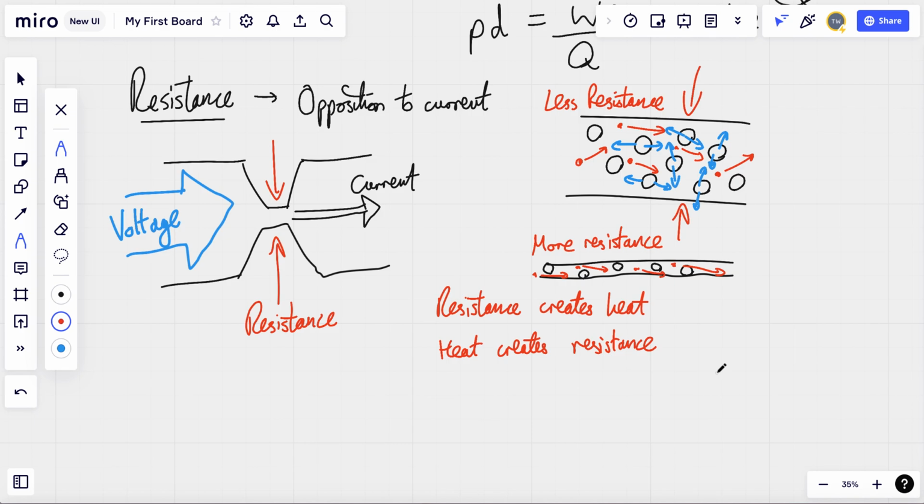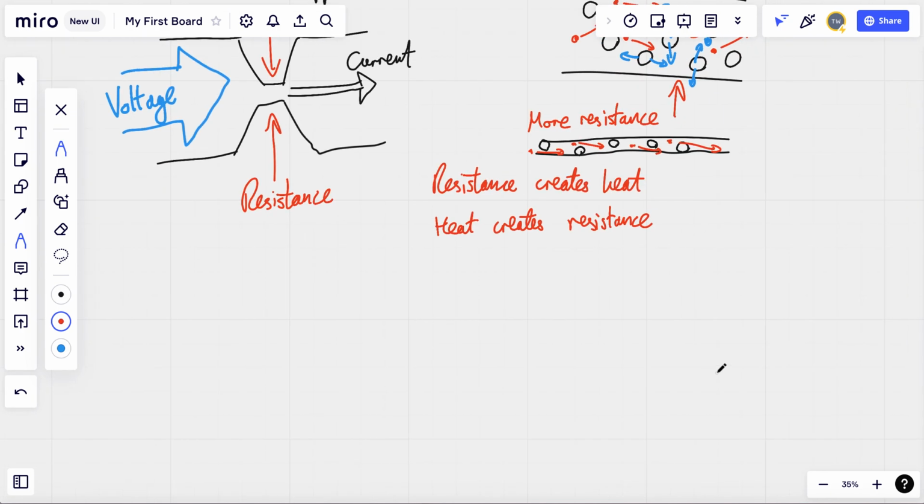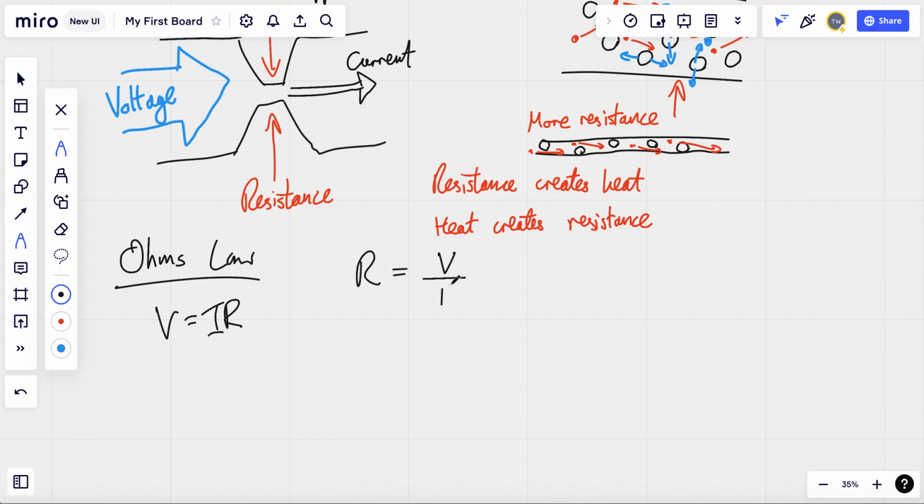Now, the last thing we'll look at today, very briefly, Ohm's law, which most of you will know as V equals IR, as in the resistance is the voltage divided by the current on a component.